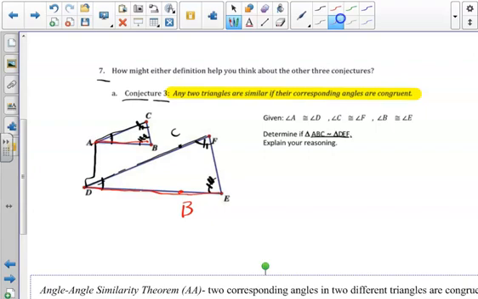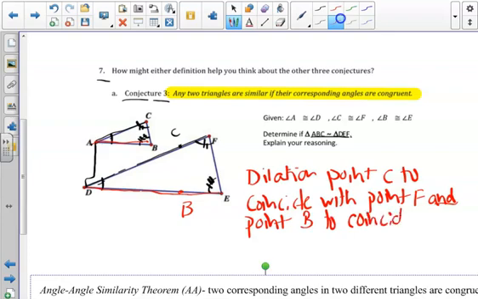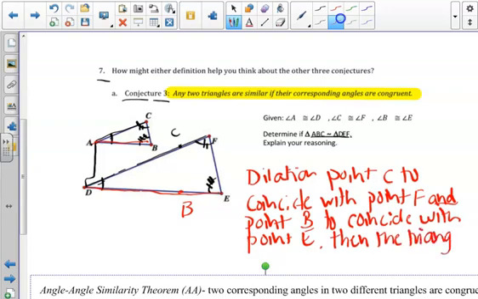Using our same information, if we then perform a dilation to get point C to coincide with point F and point B to coincide with point E, then the triangles are congruent.